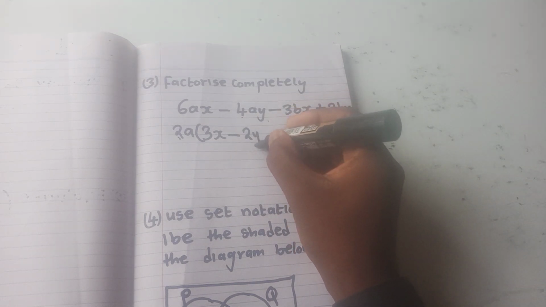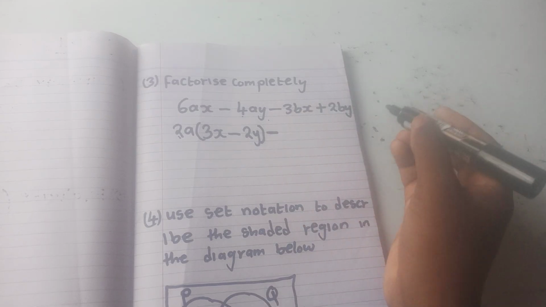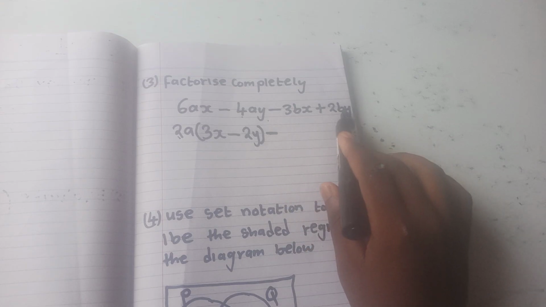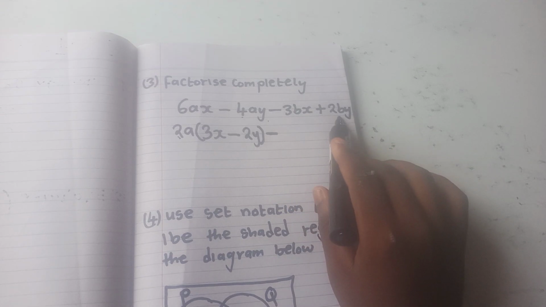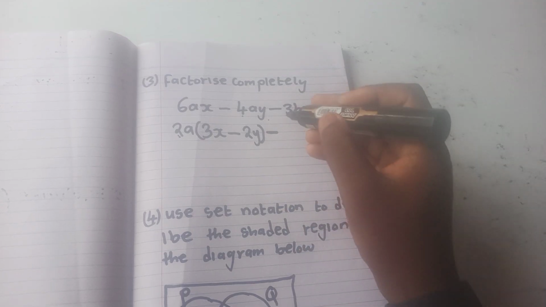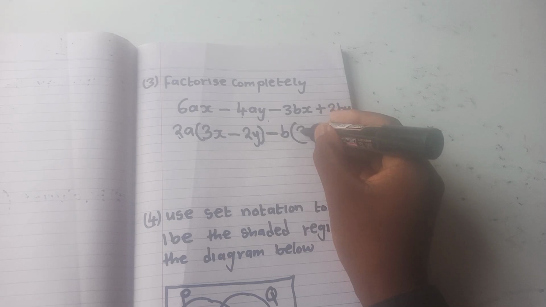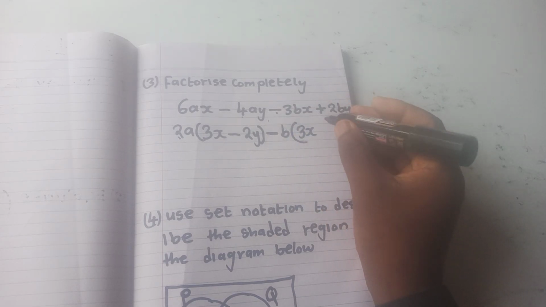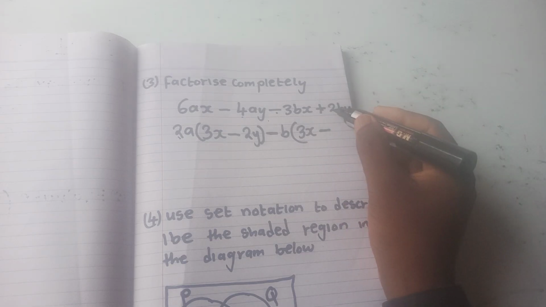It's y. You close. Minus, which is this side. Now, what is common between these two? It's b. You write b. What has remained? 3x. Negative times positive. What do you get? You get a negative.